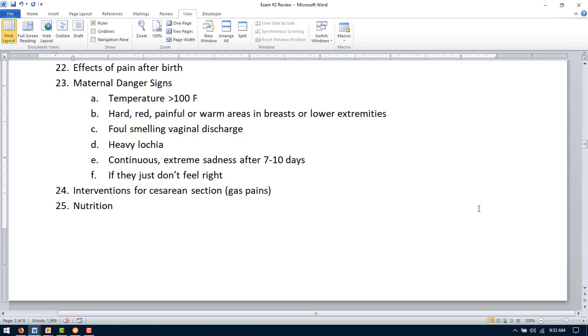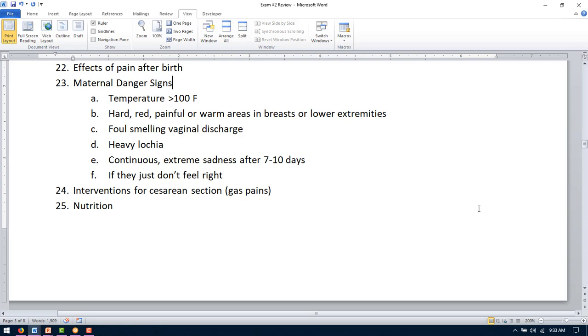We need to know if they have any foul-smelling vaginal discharge. And if their lochia becomes heavy and they're saturating more than they were yesterday. If they've got sadness that goes past the baby blues.